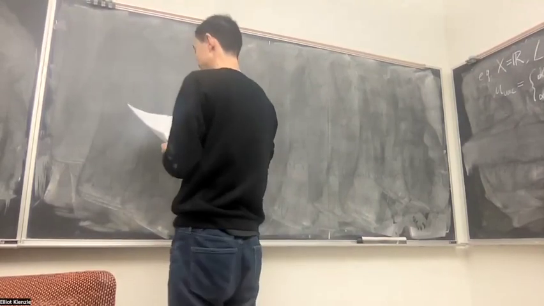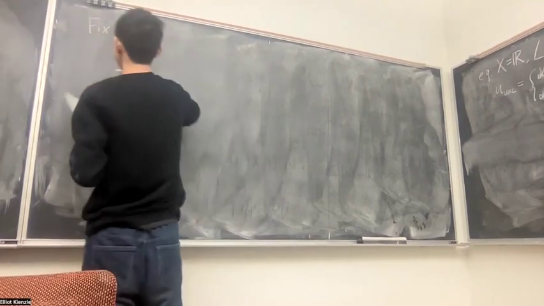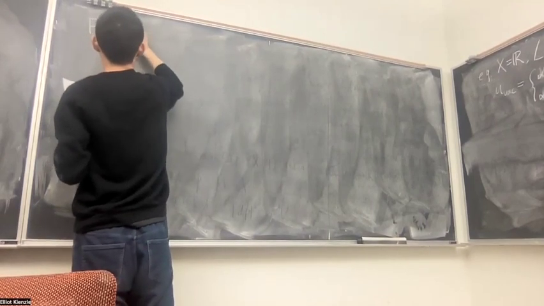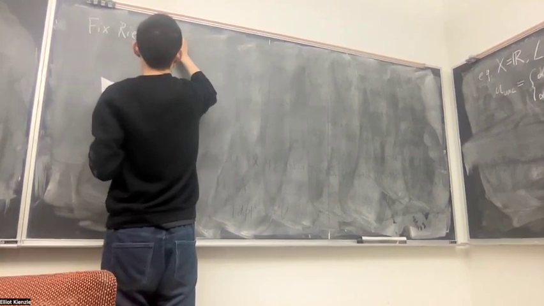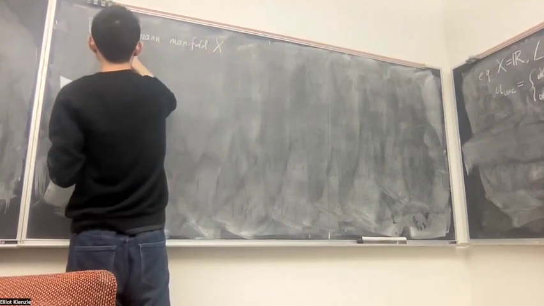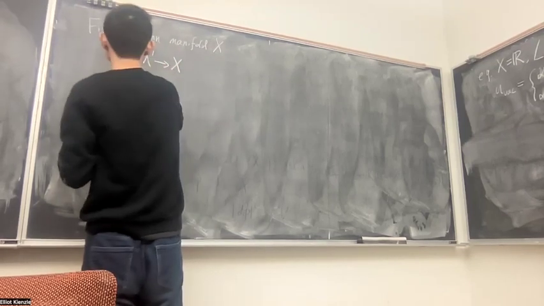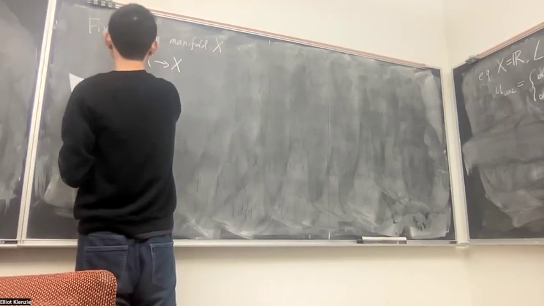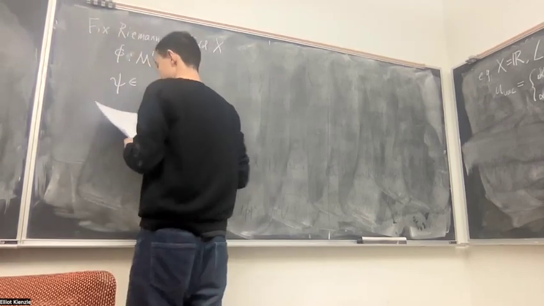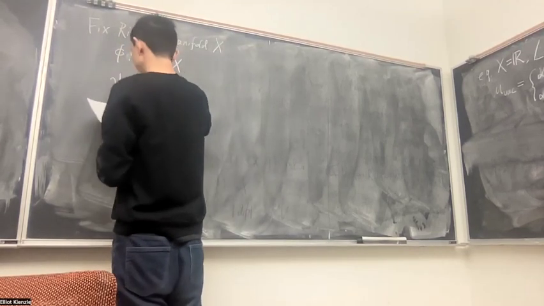Okay, so now we actually want to write down a sigma model that has supersymmetry like this. So fix a Riemannian manifold X. First we will have phi, but at the same time we will also have a psi. This is the first time I need to relax the notion of sigma models a little bit.